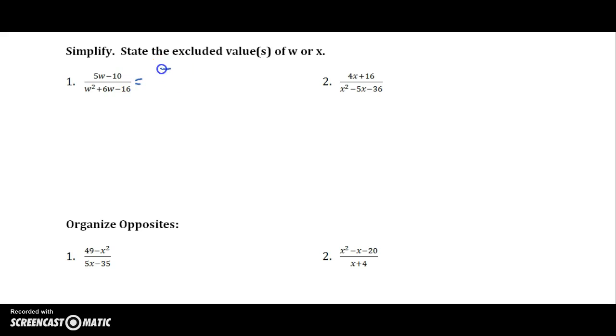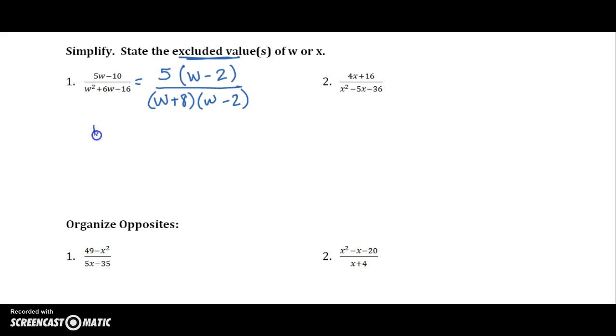So the first thing I'm going to do is factor out a 5. We have w minus 2 on top when I factor out a 5. Well, now we need to factor the denominator. So we need multiples of 16 that subtract to give us a positive 6. And that would be positive 8 and negative 2. They multiply to be negative 16 and add to be a positive 6. So don't forget, we got to check for excluded values.